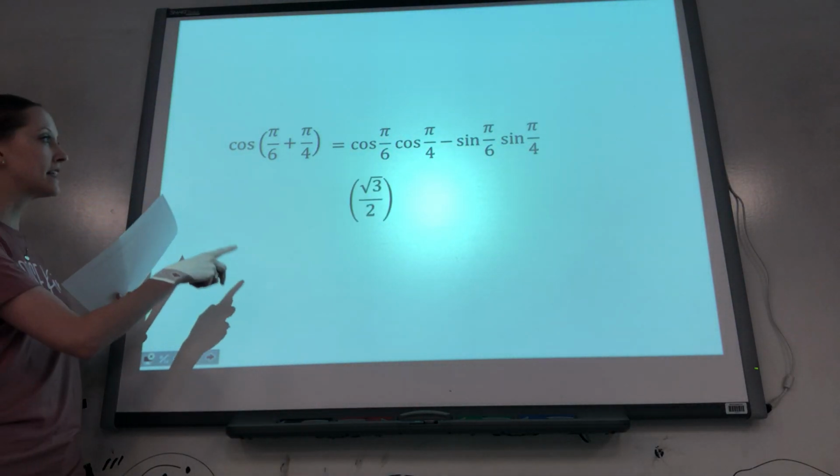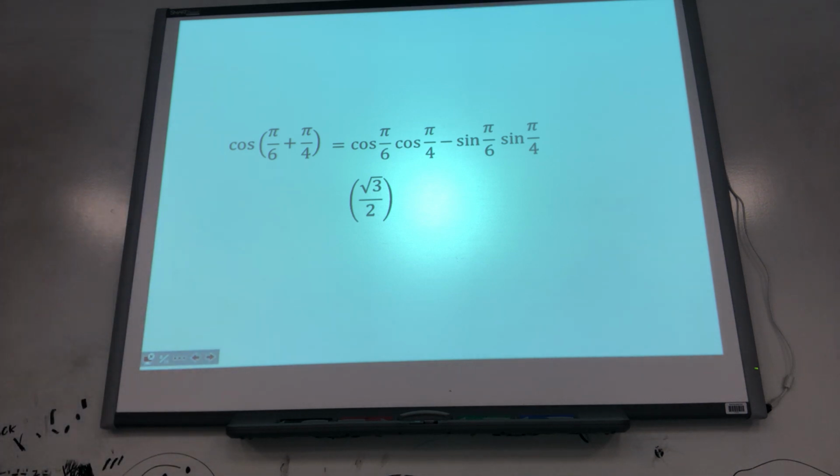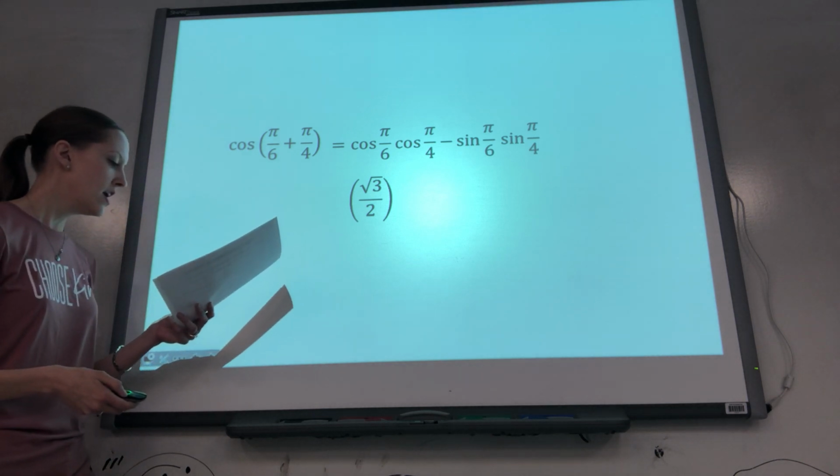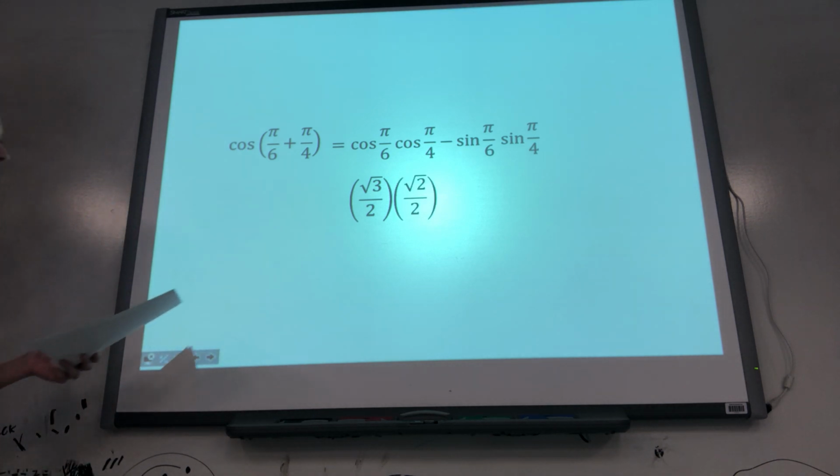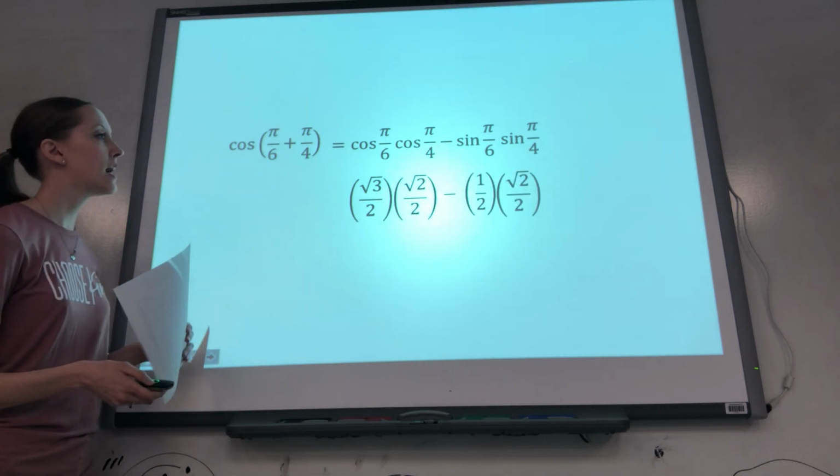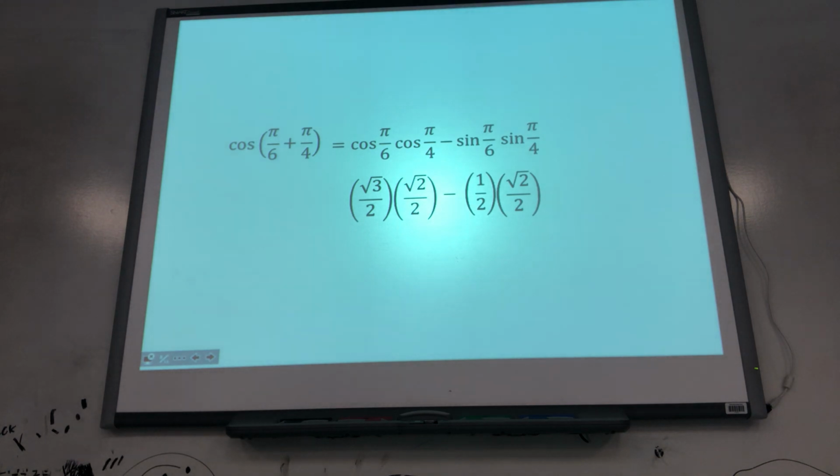Cosine of pi over 6 is radical 3 over 2. Cosine of pi over 4, that is radical 2 over 2, minus sine of pi over 6, which is 1/2, times sine of pi over 4, which is radical 2 over 2. And so this one ends up being square root of 6 minus square root of 2 all over 4. Okay, questions about cosine?